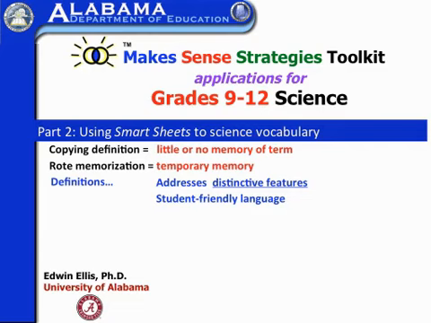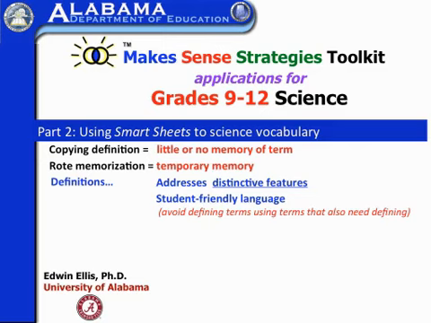And basically that means you need to avoid defining new terms that use old terms that also require defining. In other words, if you're defining new terms using other vocabulary terms that students don't know the meaning of, they're not going to really understand the definition.